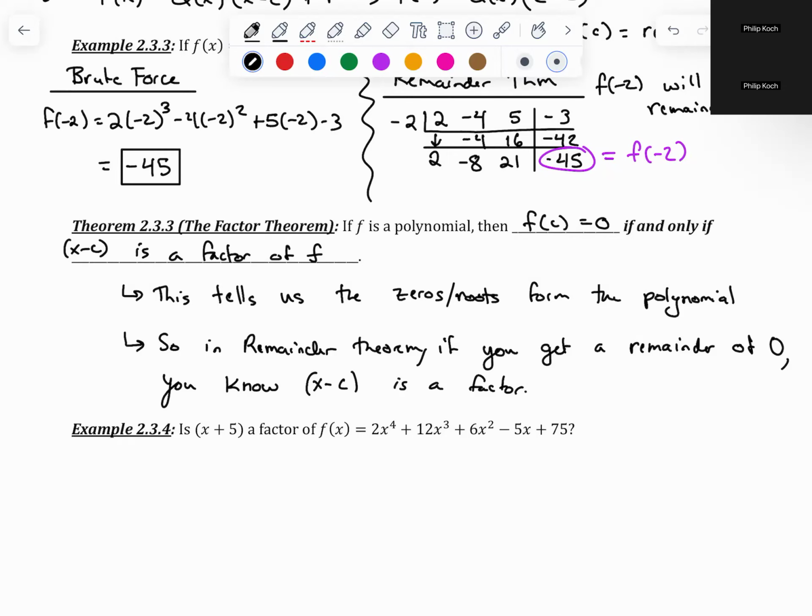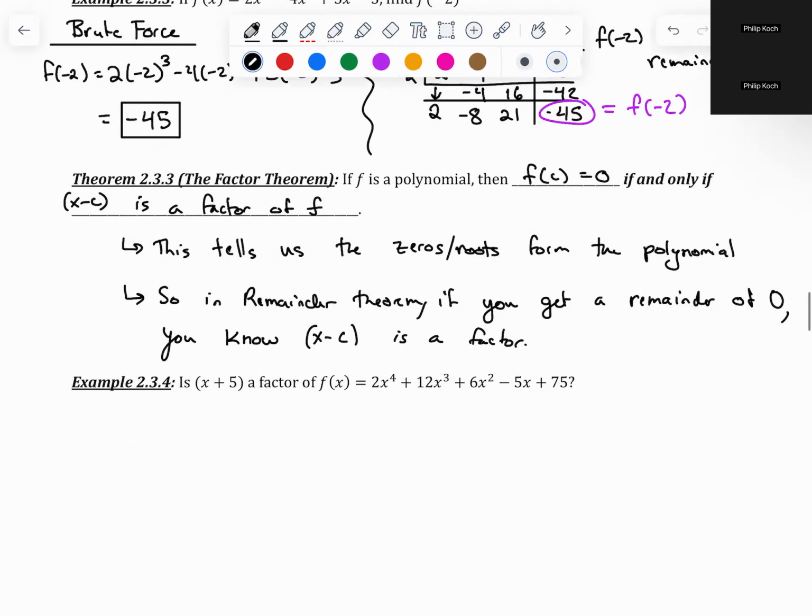What this tells us, and why this is more useful than the brute force method in certain circumstances, is if you just try, so is x plus 5 a factor of f of x? That's the next question, right? I could plug in -5. The factor theorem says that it would be a factor if and only if f of -5 equals 0.